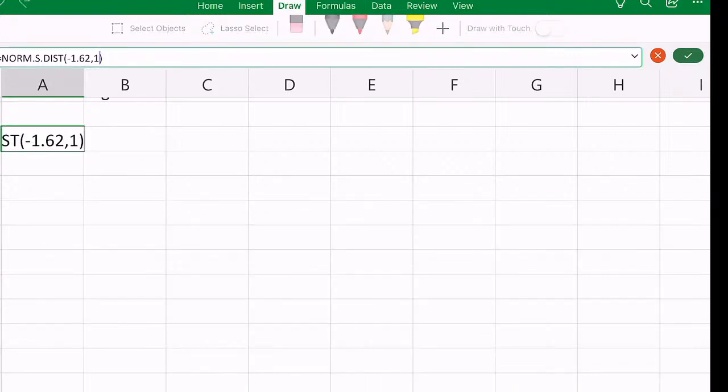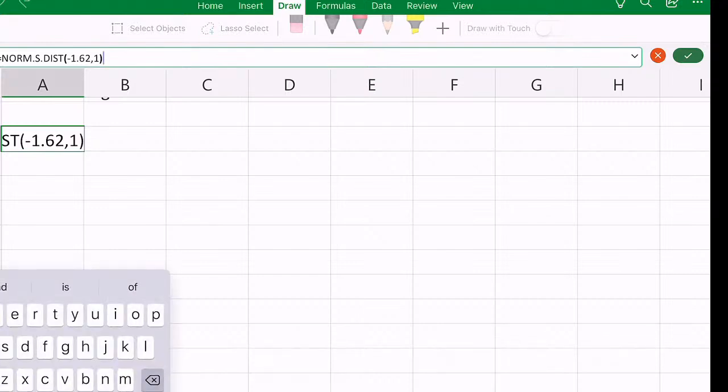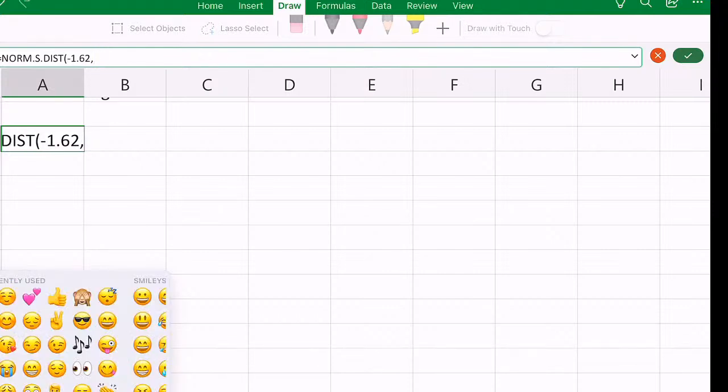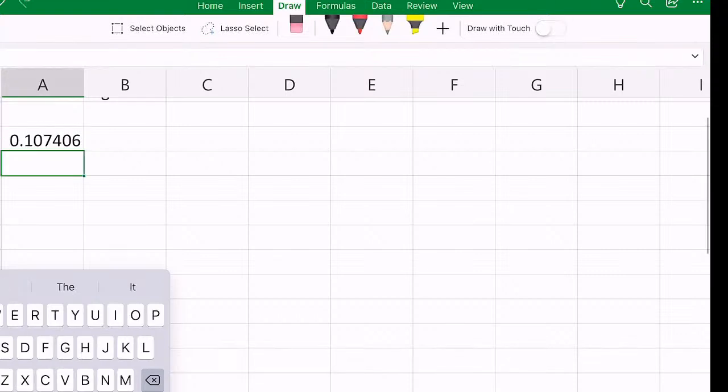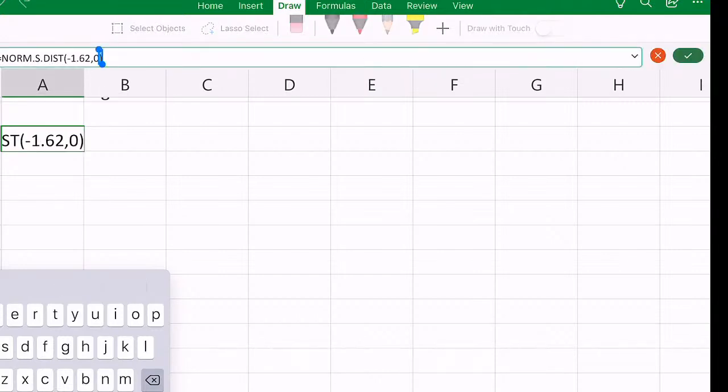I should be able just to put, don't know why. I need to figure out why I'm getting that answer. But okay. I'll figure it out.